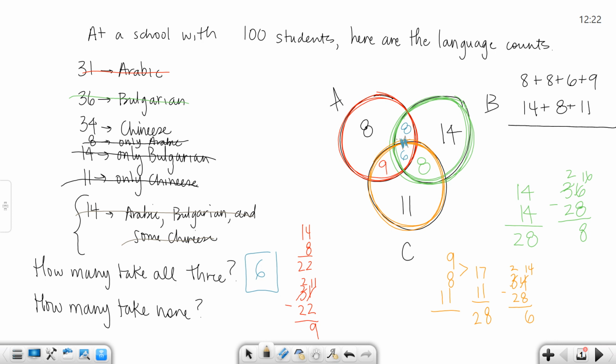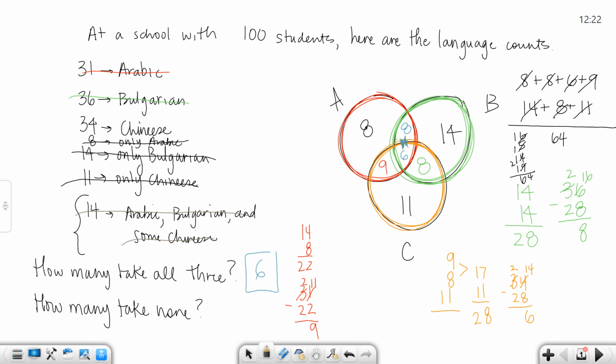So if you added all of those up, you get 16, 15, 14, 19. Add them up again. That's 13, 18, 24, 64. Okay, so there's 64 people accounted for in the circles.